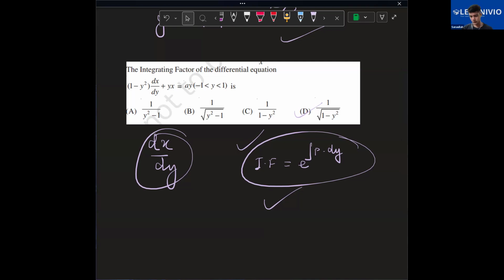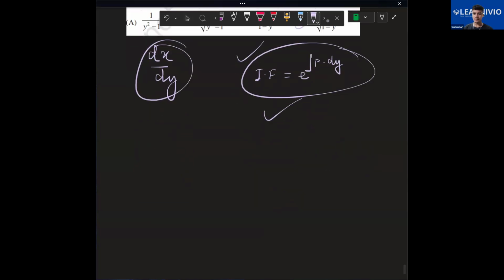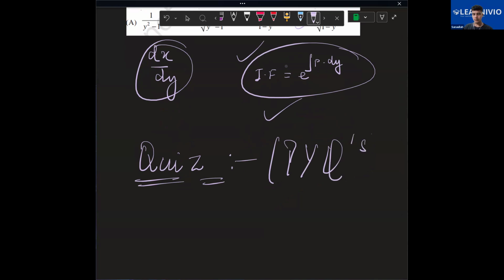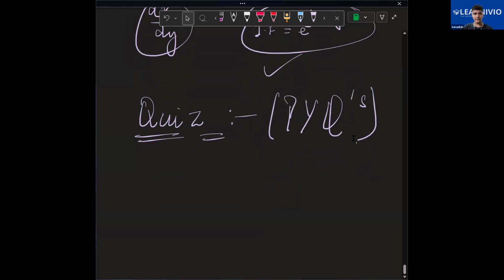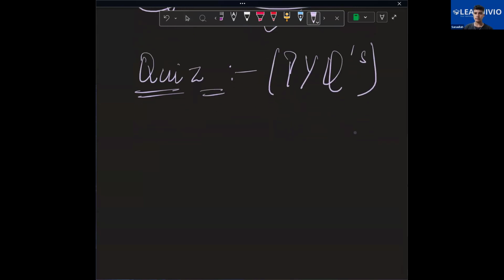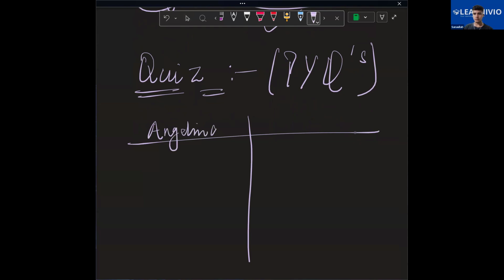Okay, so let's start the quiz. PYQs generally from CBSE and maybe from JEE Mains in advance. Okay, so let's start.